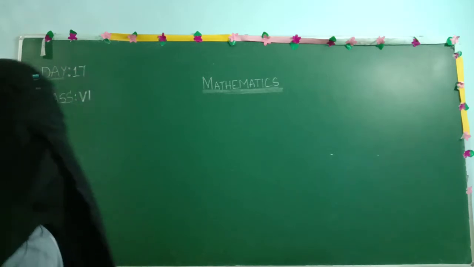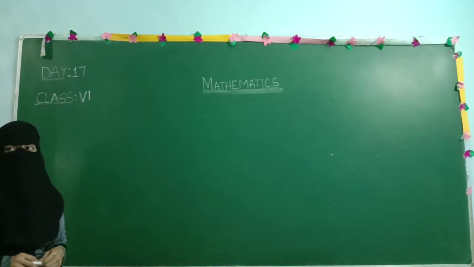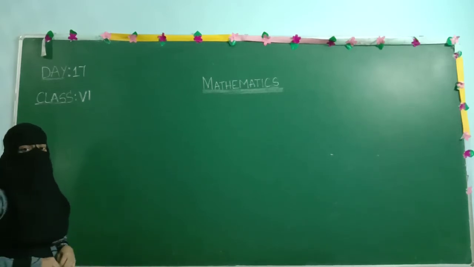What are whole numbers? Yes, exactly. The numbers which start from 0 are called whole numbers. So from 0 to infinity we can take any numbers.